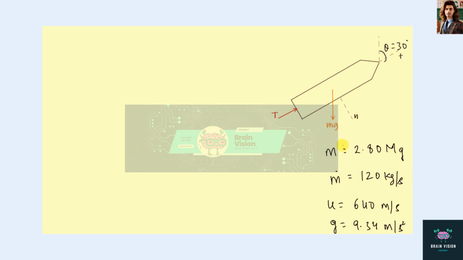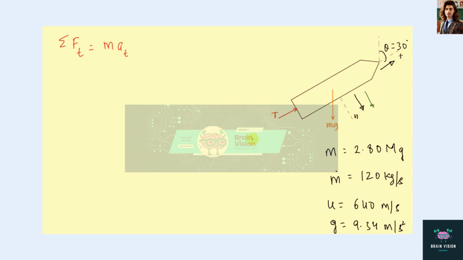That means we have to calculate the acceleration of the rocket in this direction and in this direction. To solve this problem we can use Newton's second law of motion, which says that sigma Ft equals mass times acceleration in the t direction. Now let's see the forces in the t direction.